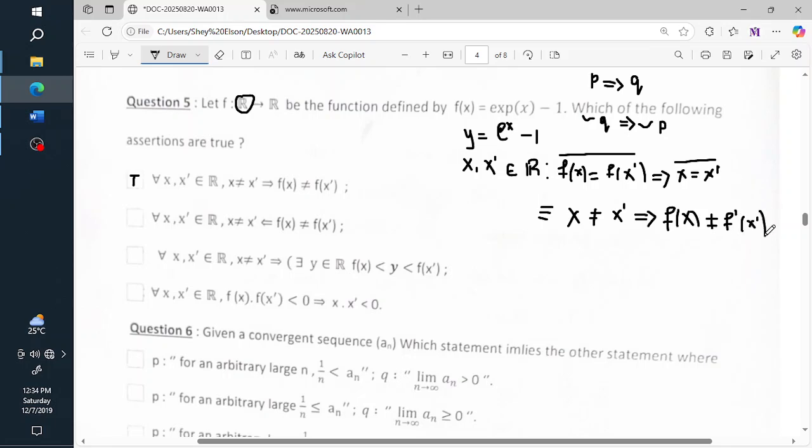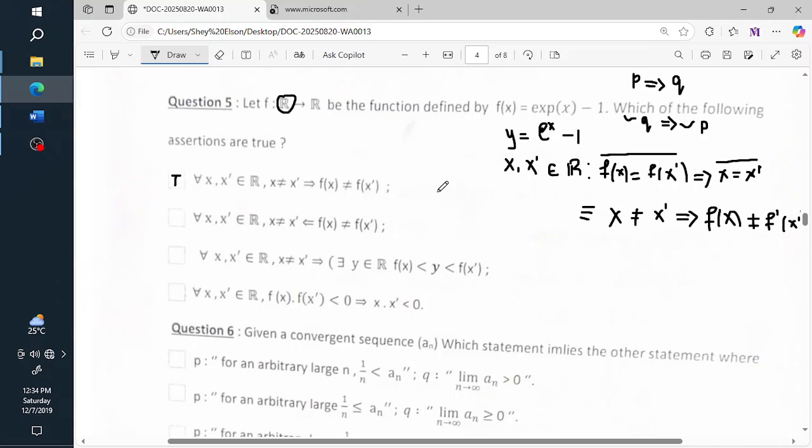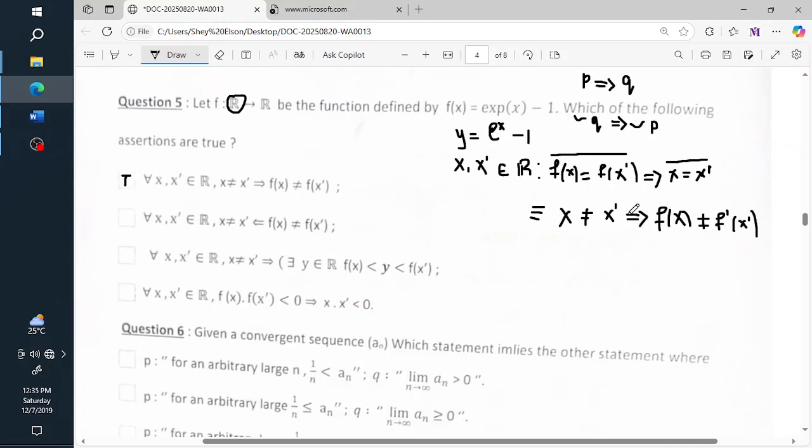For the first statement to be true, the function is supposed to be injective, because if the function is injective, we either use the first definition or its equivalence, the second definition. So let us verify if this function is injective.